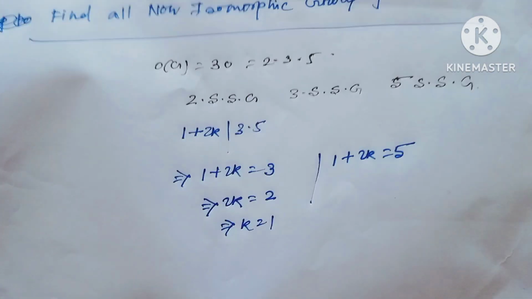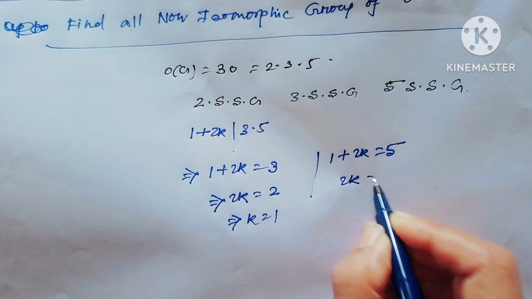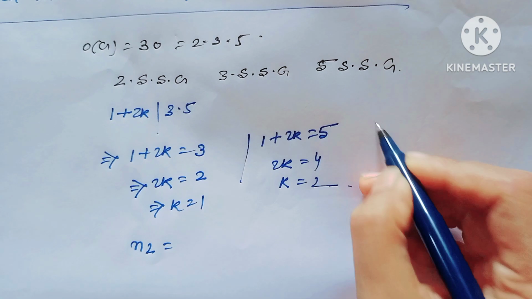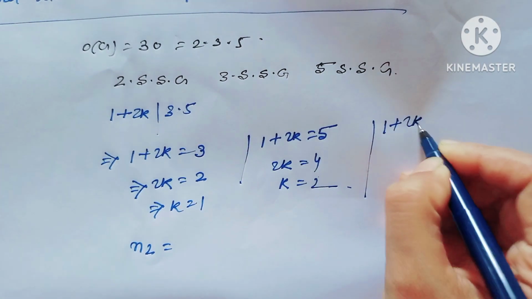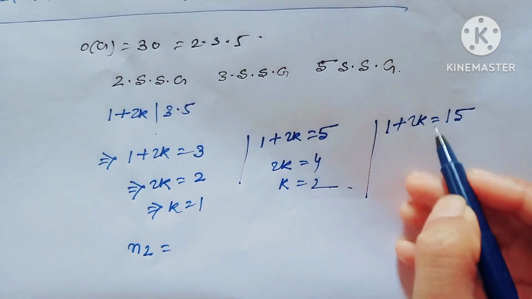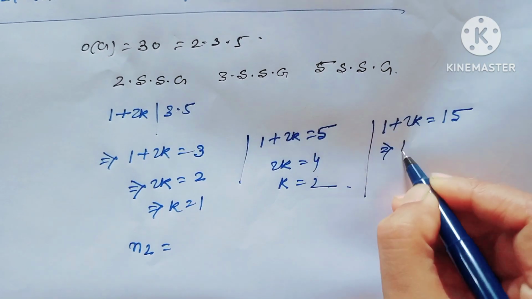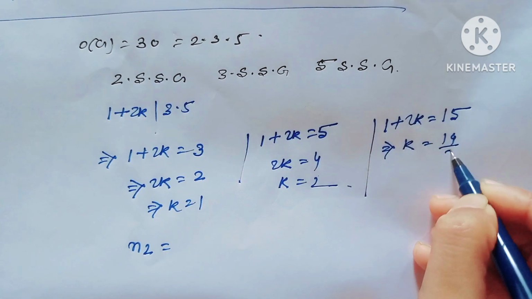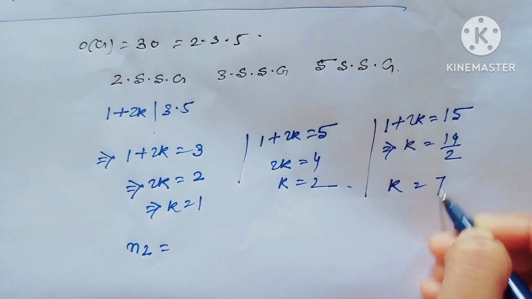And 1 plus 2k equal to 5 means 2k equal to 4, that means k equal to 2. So 1 plus 2k equal to 15 is also possible. That implies k equal to 14 over 2, that means k equal to 7.